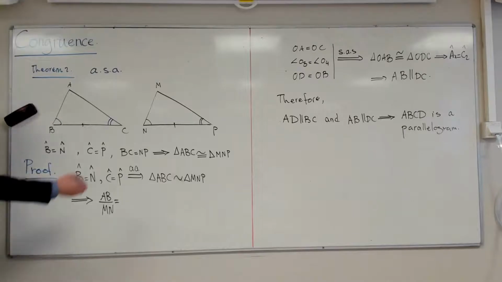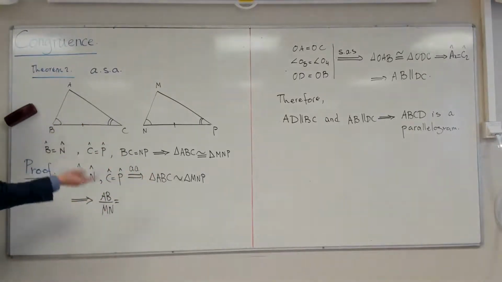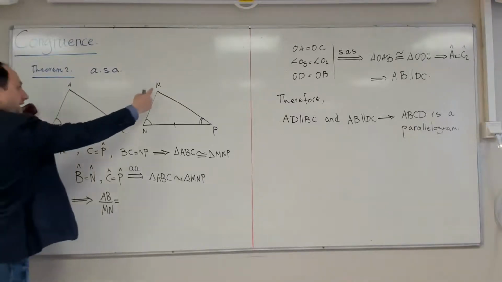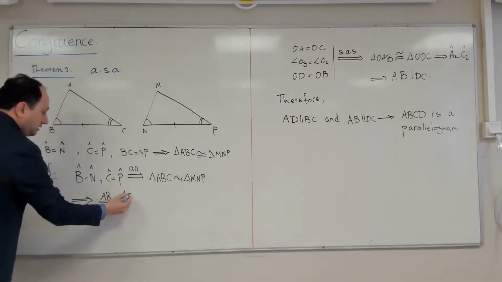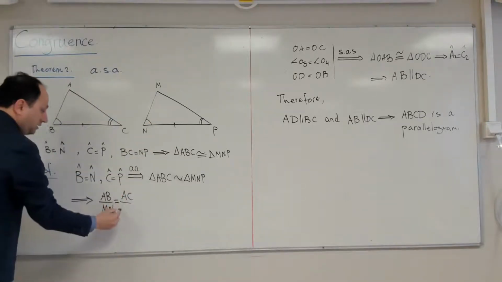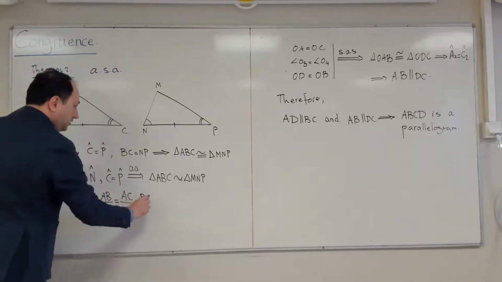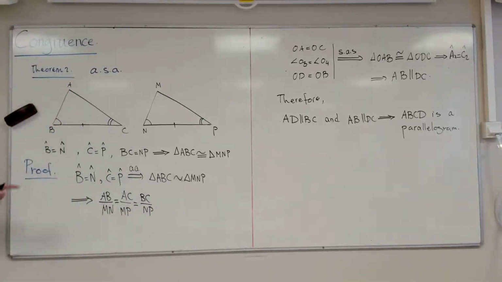Why 1? We don't know. I know that they are similar. If they are similar, it means that the ratio of AB over MN is equal to the ratio of AC over MP is equal to the ratio BC over NP. Is that understandable? This we know.